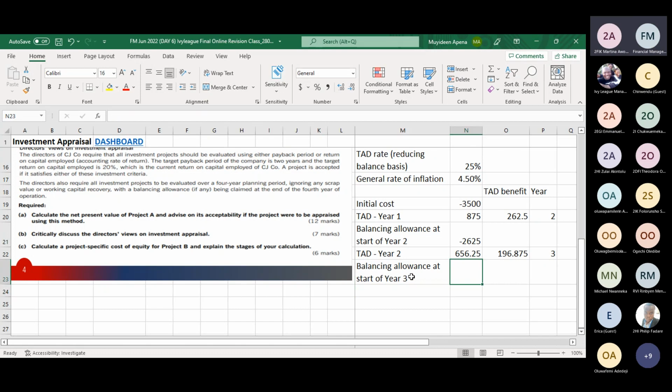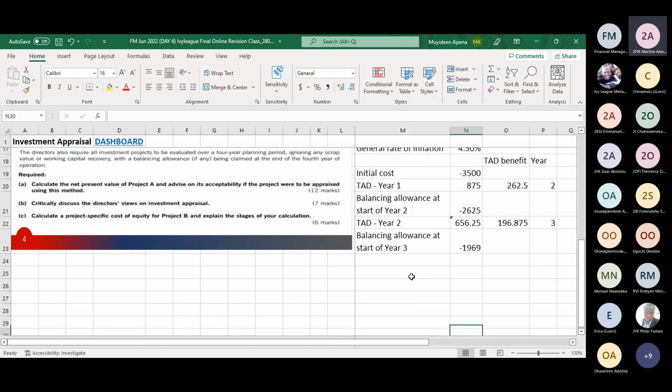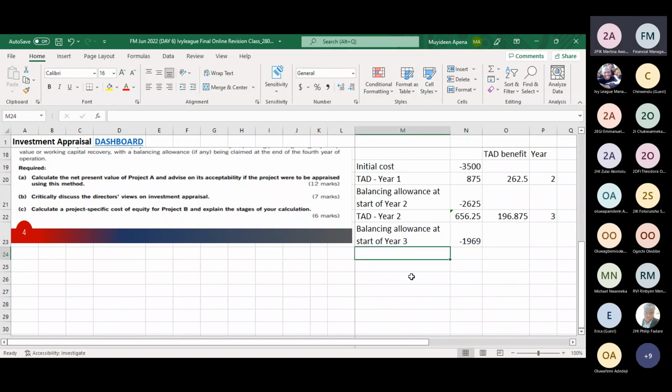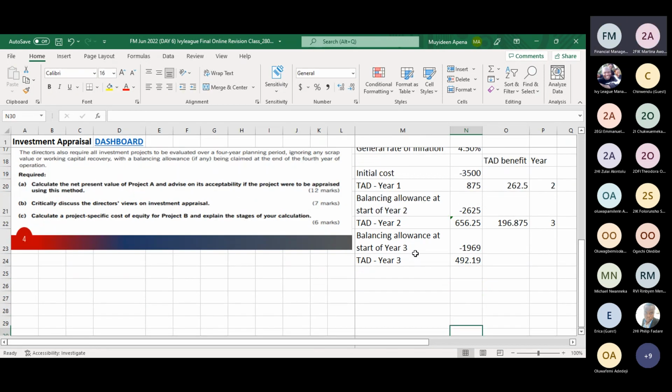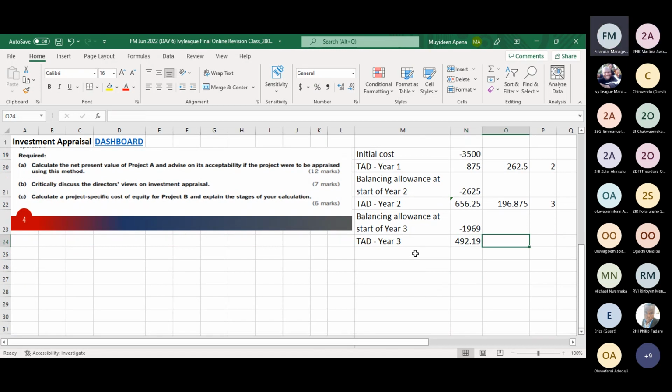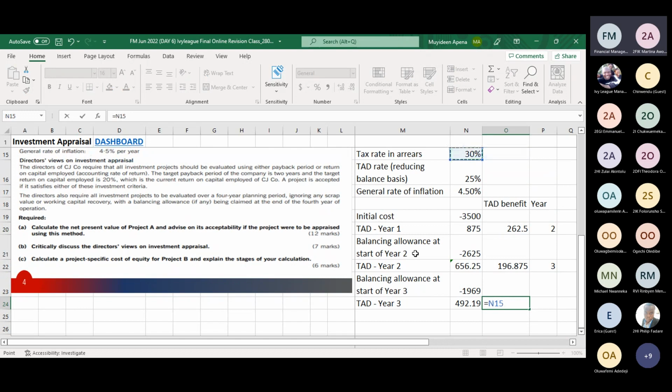So what happened? The difference between these two. And then there'll be TAD in year 3, which is 25% of this balancing allowance, but comes as an inflow. So then it takes what? 30% of that.